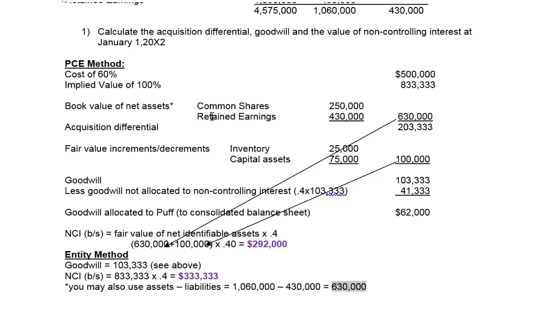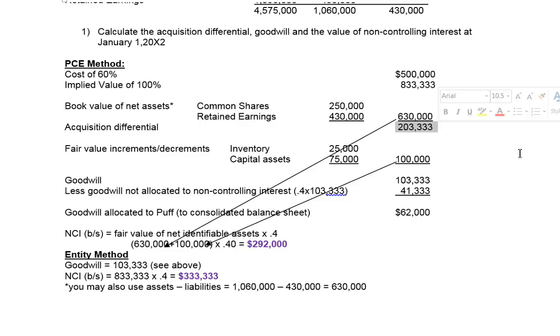So I always like to show students both ways. Calculating the book value of net assets that the parent now controls using the net equity, which is common shares plus retained earnings. That gives us 630,000 as well. So the acquisition differential is 203,333. So far, both methods, parent company extension theory and entity theory, are the same.